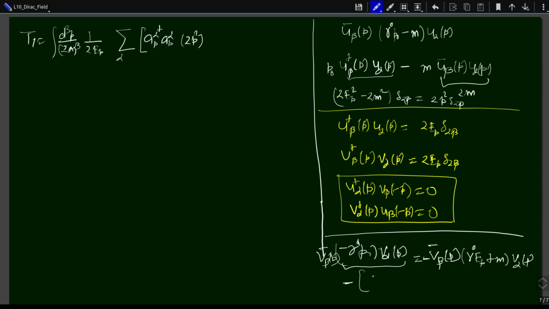So I have v dagger beta v alpha multiplied with ep plus m, and v bar beta v alpha.